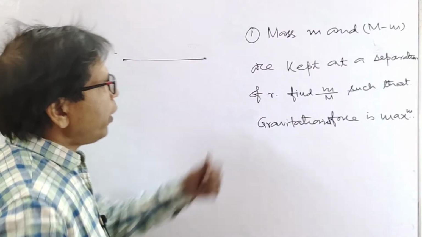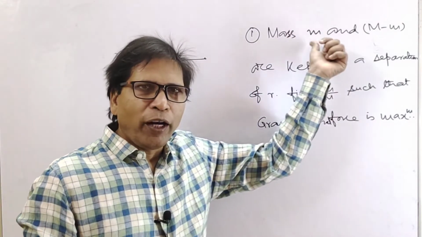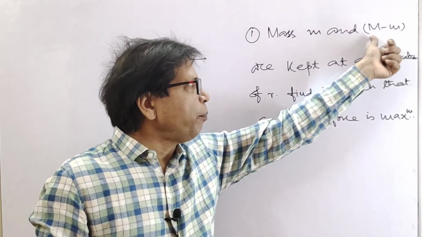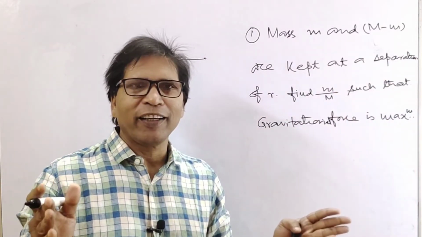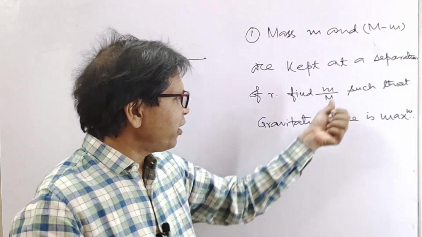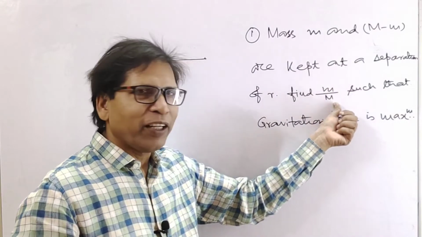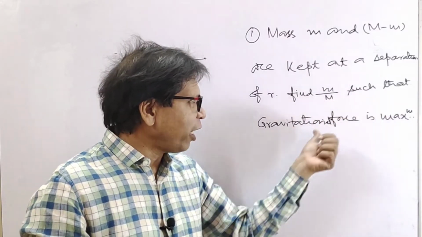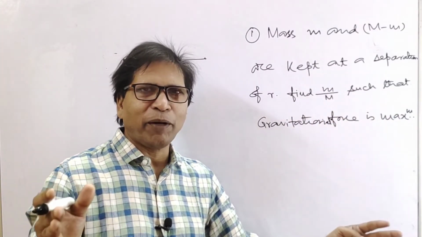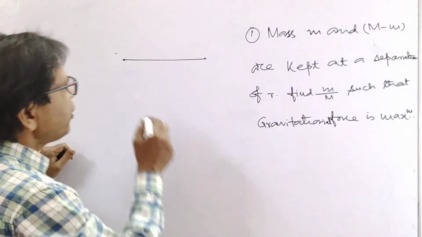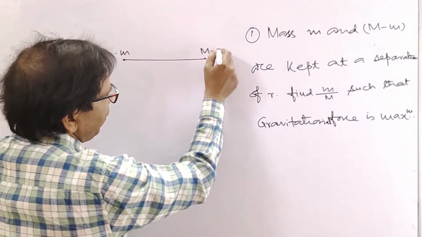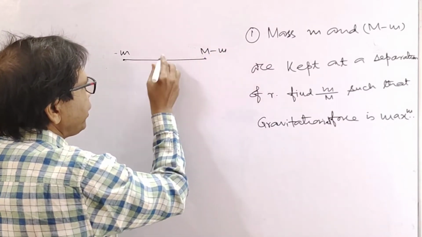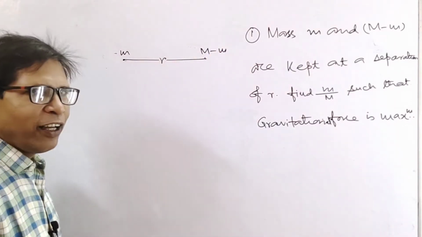Masses small m and capital M minus small m are kept at a separation of r. We have to calculate small m by capital M such that the gravitational force is maximum. Suppose this is the mass m and this is the mass capital M minus small m, and the distance of separation is r.